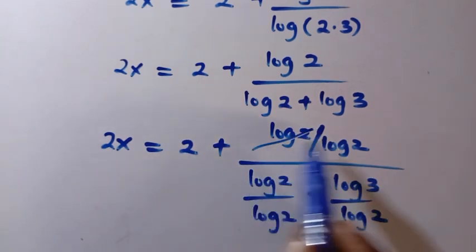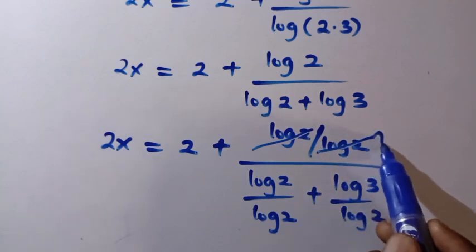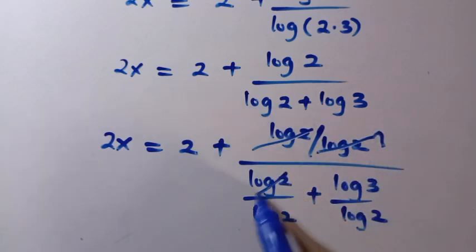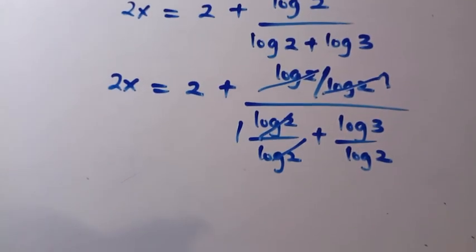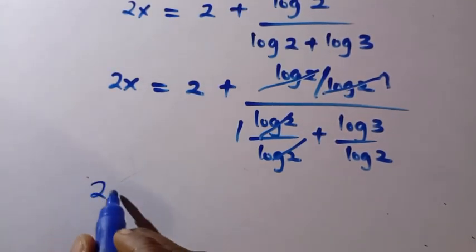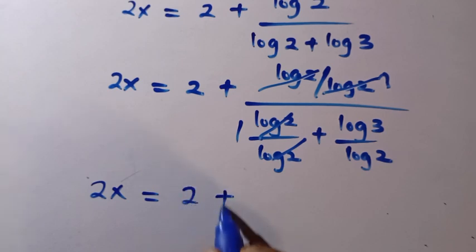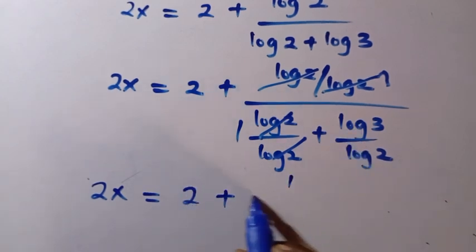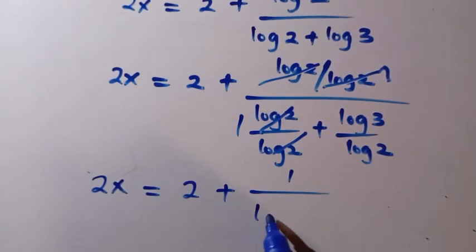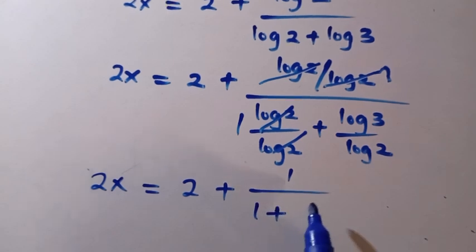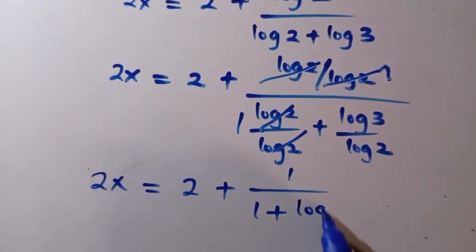So here log 2 cancels log 2, we have 1, and also log 2 cancels log 2, we have 1. Then we can see this expression as 2x equals 2 plus 1 divided by 1 plus log 3 divided by log 2.